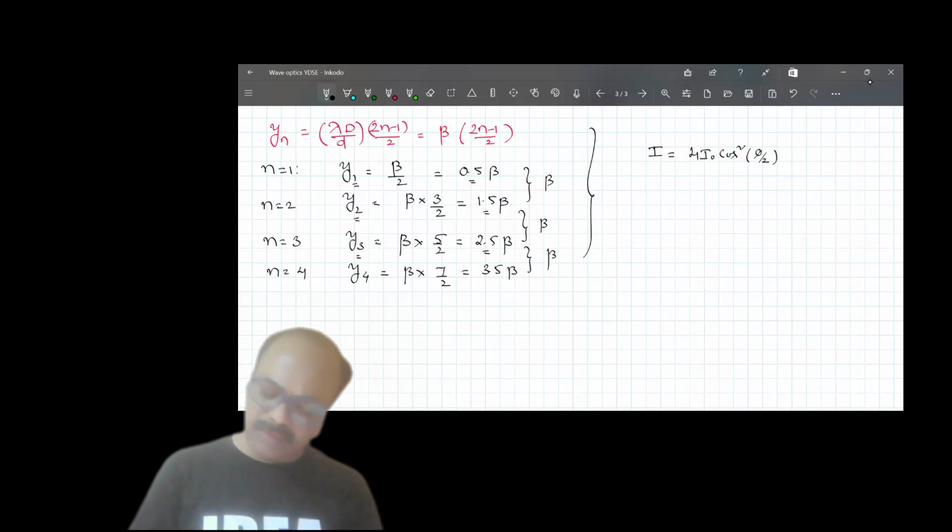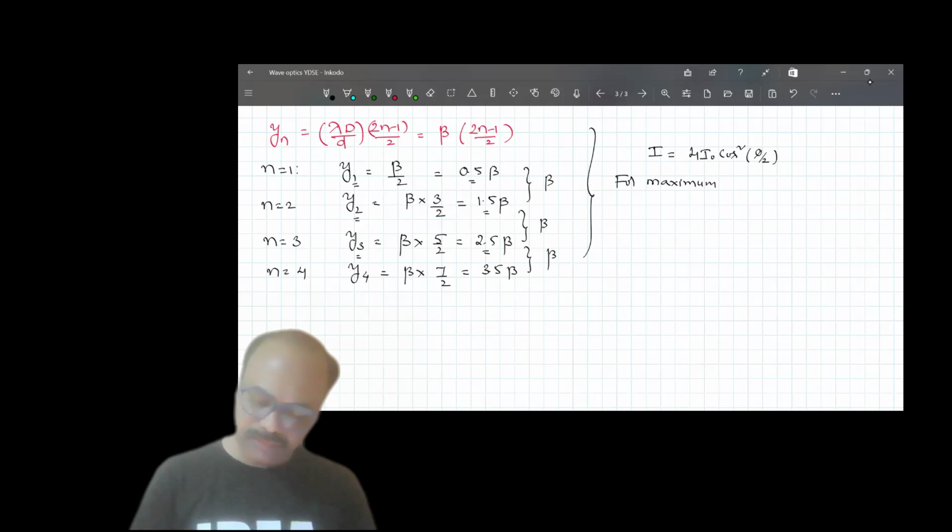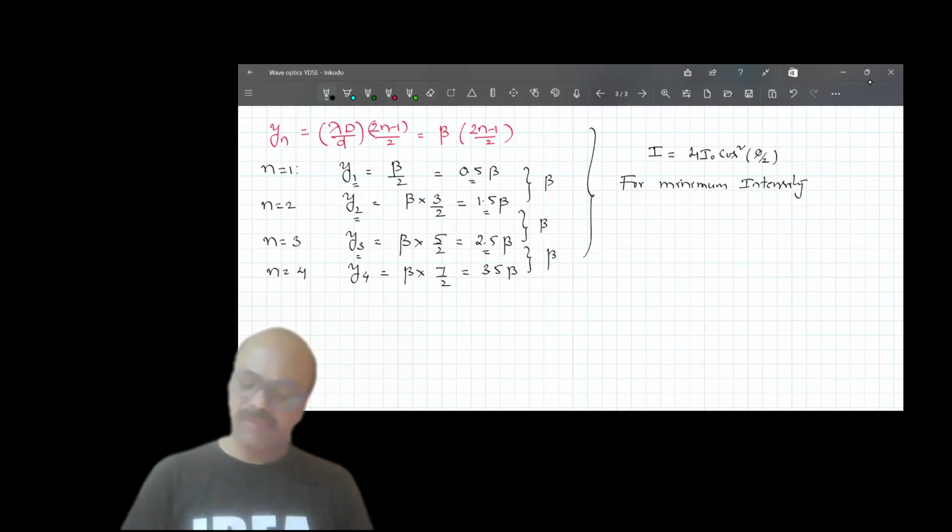So for the maximum intensity, so we discuss the minimum intensity. For minimum intensity, we can write cos pi by 2 should be equal to 0.